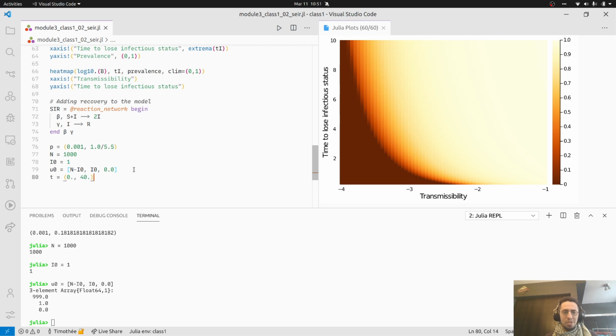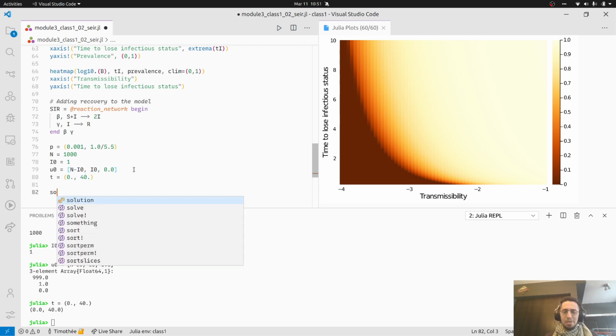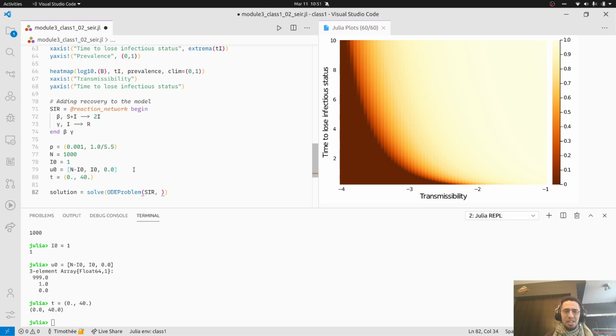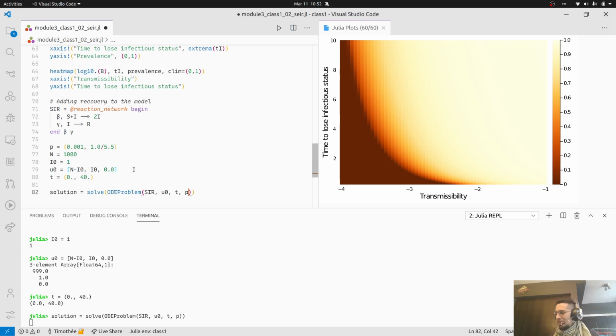So we have a new model of a new time, and the solution is going to be solving an ODE problem that is SIR, U0, TP. It's the first time, so we need the model to compile.